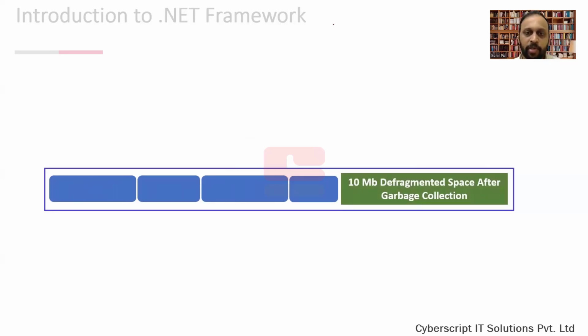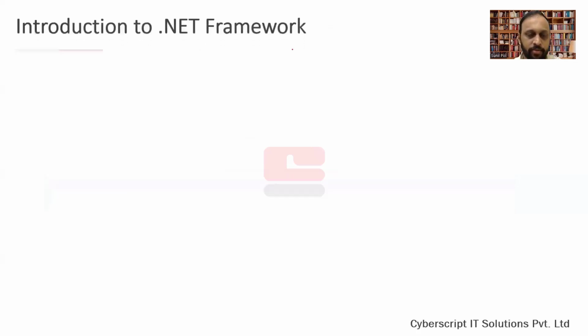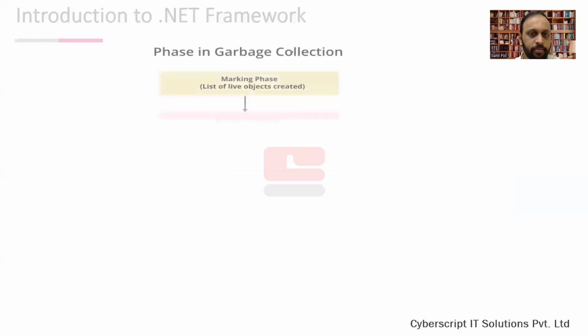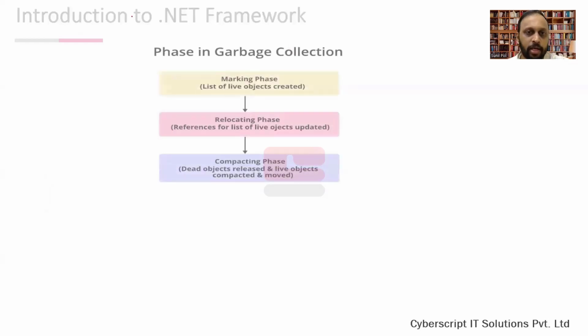That would be available for application root 3 to create the objects whenever required. So garbage collector follows an algorithm which contains 3 steps. First one is the marking phase, second one is the relocating phase, third one is the compacting phase.